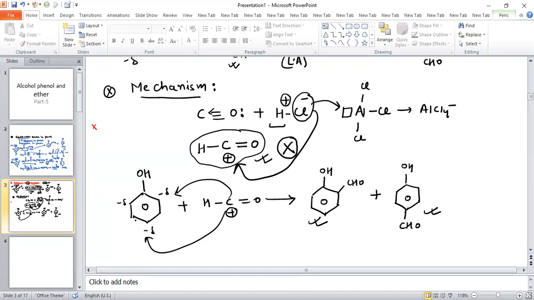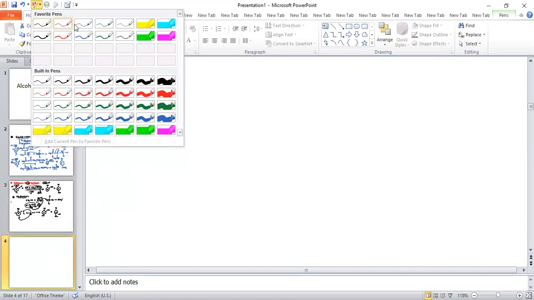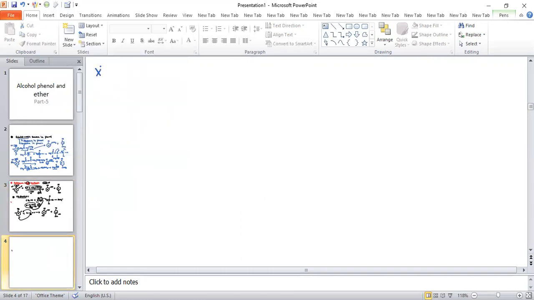Now we are going to discuss the Gattermann aldehyde synthesis. The next reaction I am going to discuss with you regarding phenol is the Gattermann aldehyde synthesis reaction.